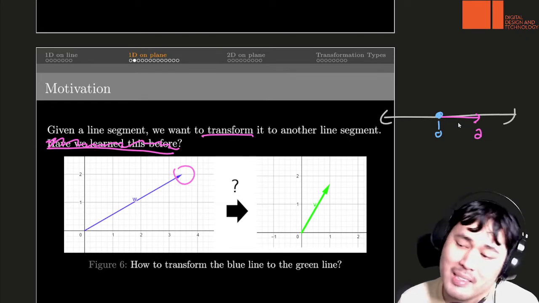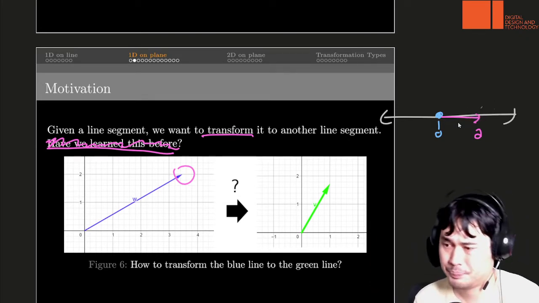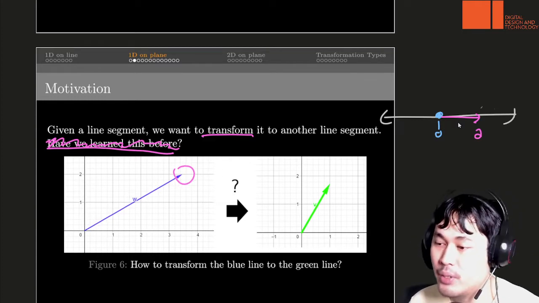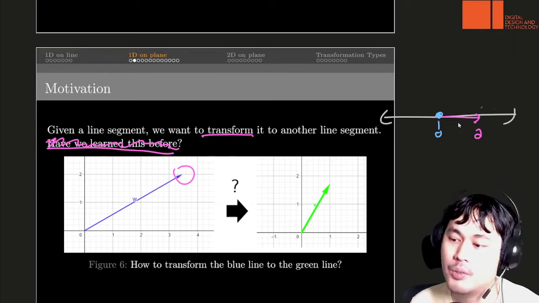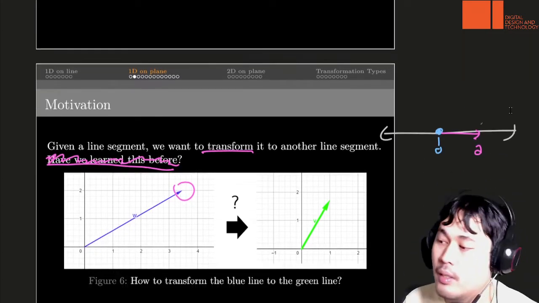It doesn't matter much what the value of A is; there's not much we can do with it anyway. But in 2 dimensions, once we put that line or arrow onto the plane, there are more things we can achieve, which we're going to see in a moment.